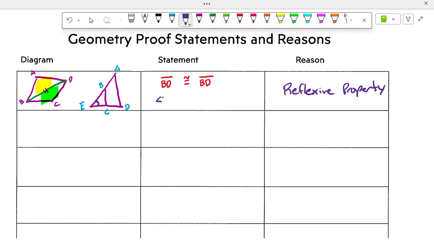I can say that angle BEC is congruent to angle AED, for the same reason, because it's literally the exact same angle. It's in the exact same spot. They share that angle. So that is the reflexive property.